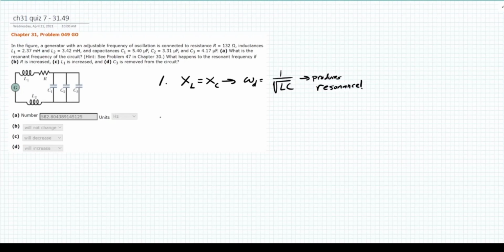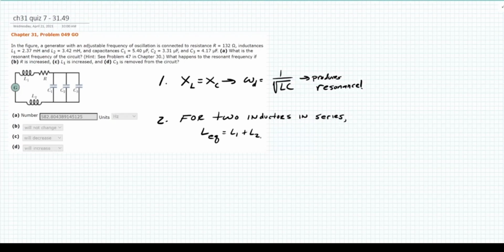All right, so number 2 is omega D. Well, let's see. This is a new statement. For 2 inductors in series, L equivalent equals, in this case, L1 plus L2.